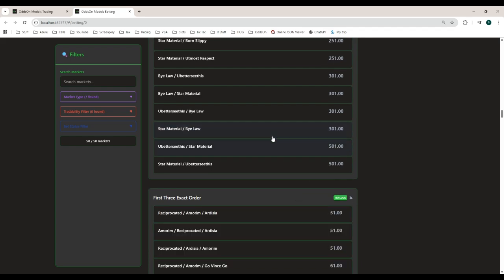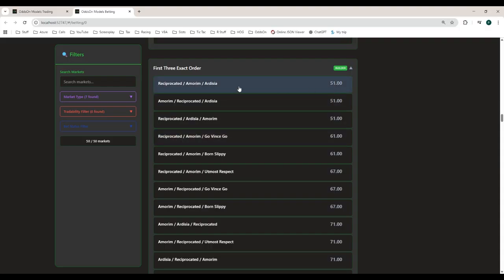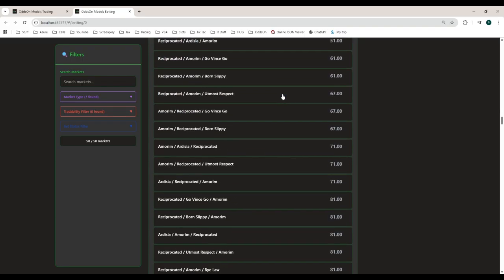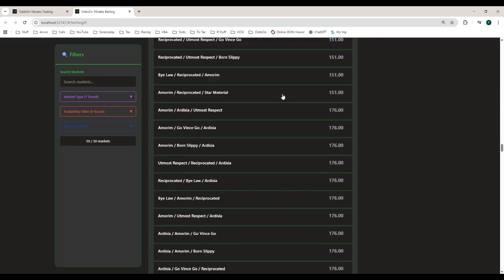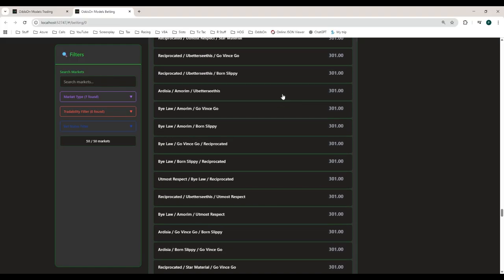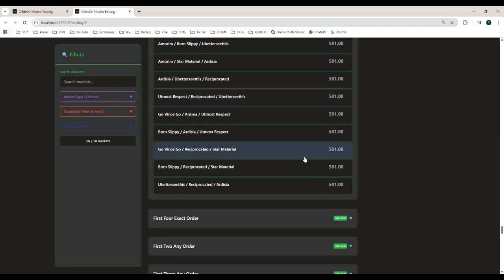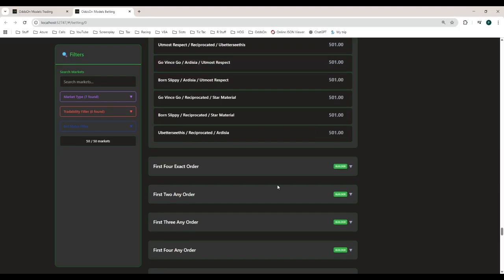We've also got the first three, which is like a trifecta or tricast type bet. There are higher odds here for the shortest one because now you've got to get the first three in the correct order. If we go down to the next market, obviously we're showing a lot here because we've gone to 500 to 1. If we didn't want that many, we could have just said show 50 or whatever.